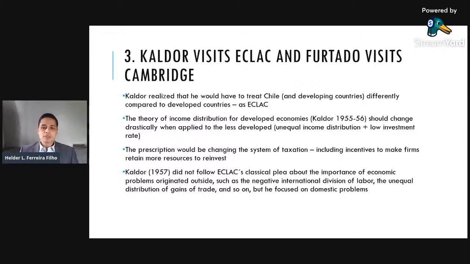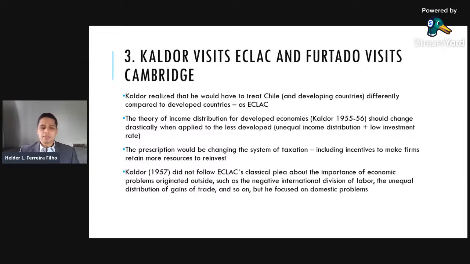It's incredible to notice that Chile had a very unequal income distribution, but still a low investment rate. So the prescription for these economies would be changing their taxation system, including incentives to make firms retain more resources to reinvest, and also restraining luxury consumption by the capitalist class.